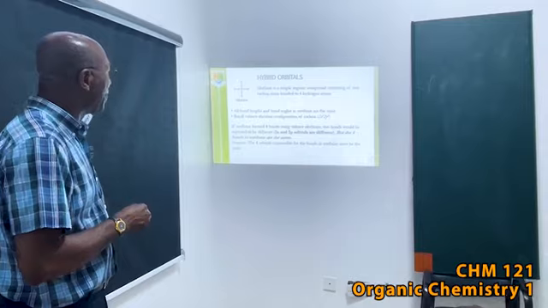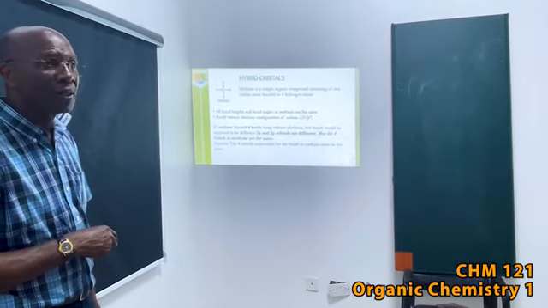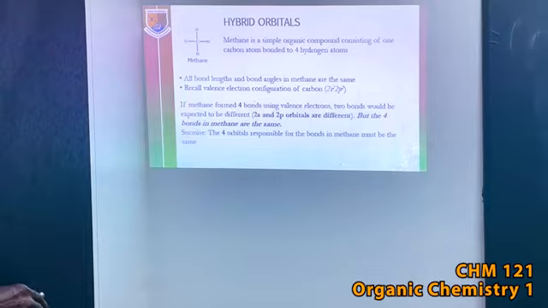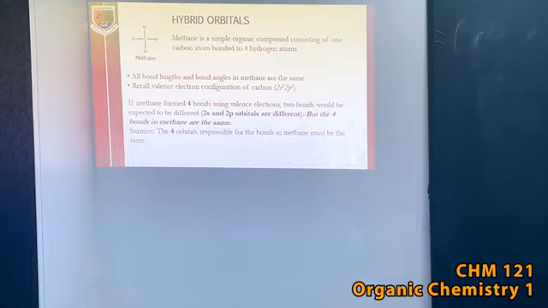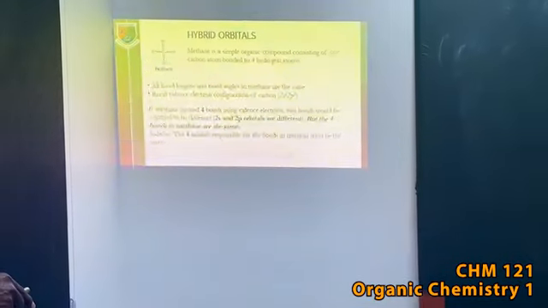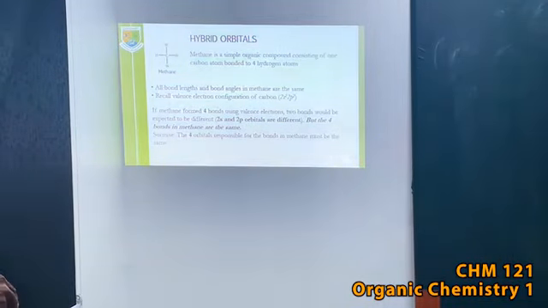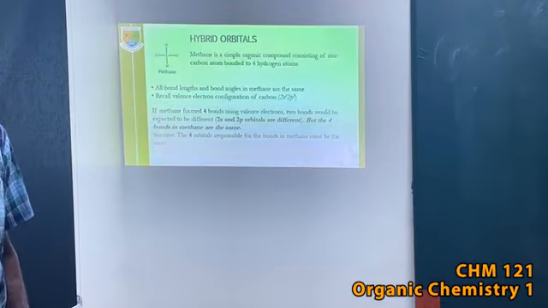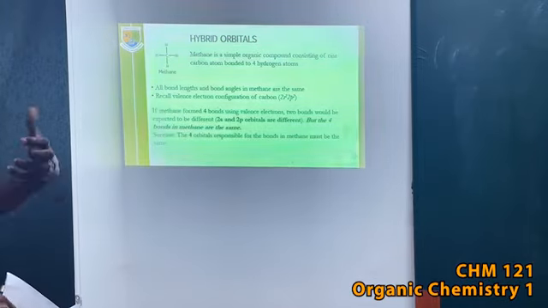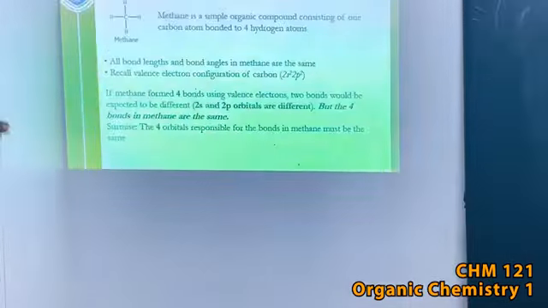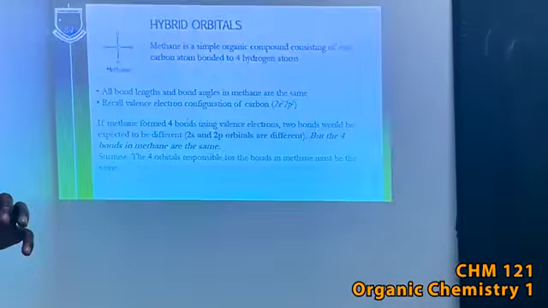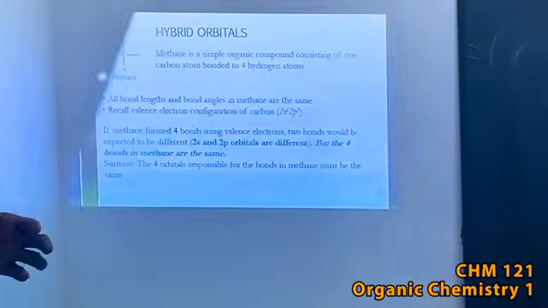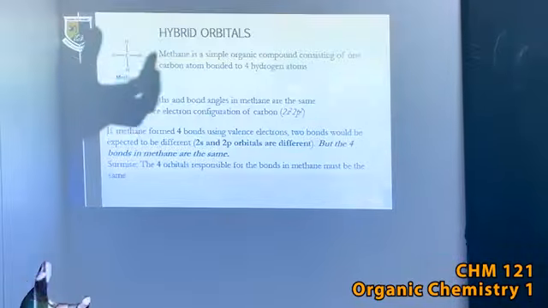But it turns out that methane forms 4 bonds. The bonds are all equal, all the same. So if methane formed 4 bonds using valence electrons, and all those 4 bonds in methane are the same, then it means that the 4 orbitals responsible for the bonds in methane must be the same. Let me repeat that. We're using 2s, spherically symmetrical, and 2p orbitals, 2 of those that are dumbbell shaped and they are directional.